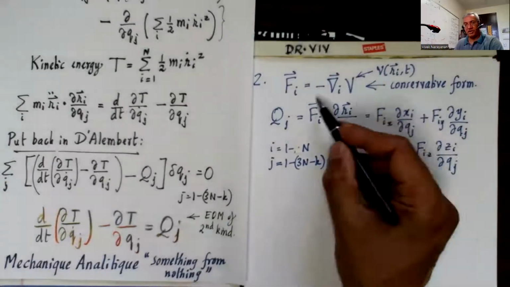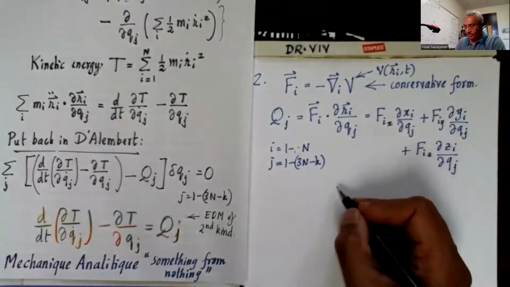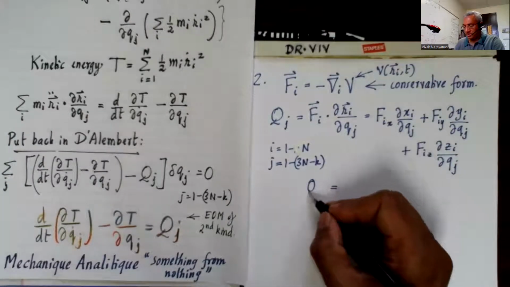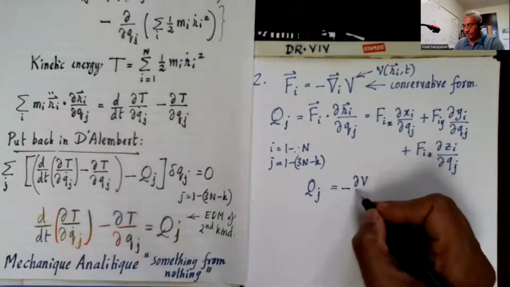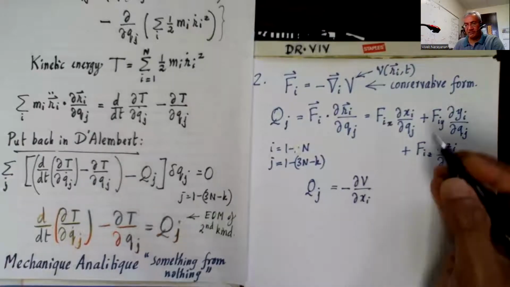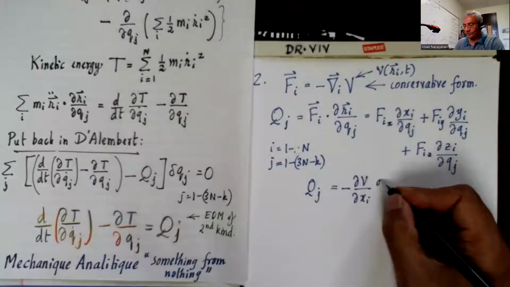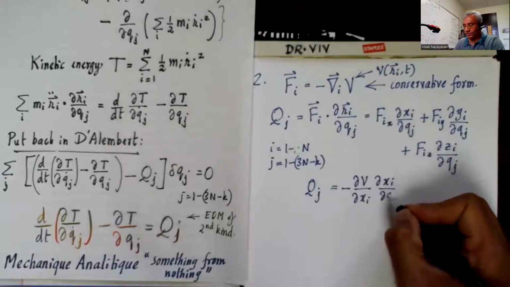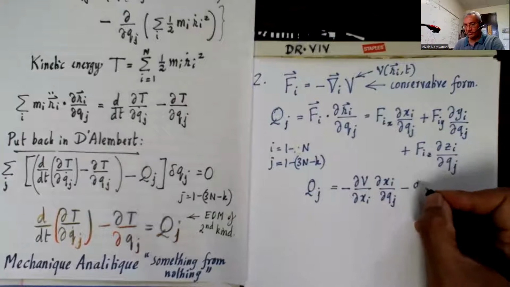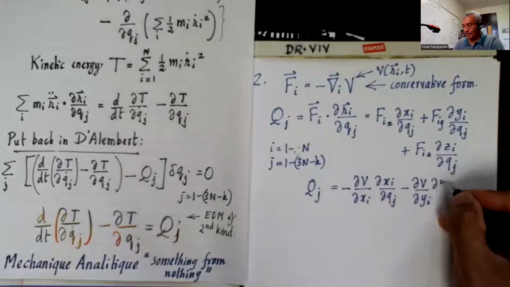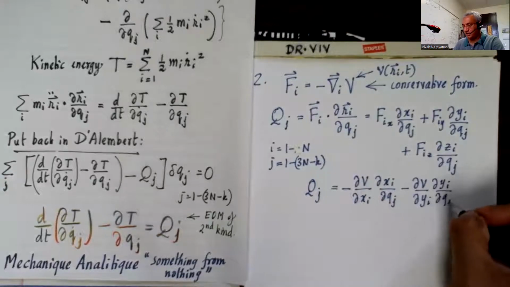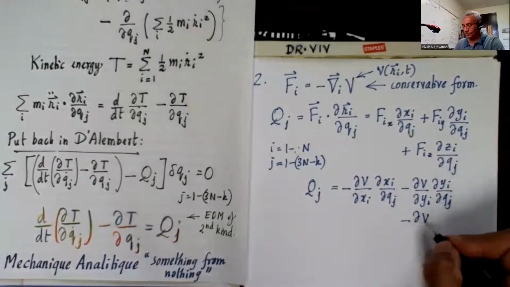Now, because I've written the force in that form, I can use that. So I get Qj equals negative del V over del xi, that's what Fix is, times del xi over del qj, minus del V over del yi, del yi over del qj, and the same thing for z.